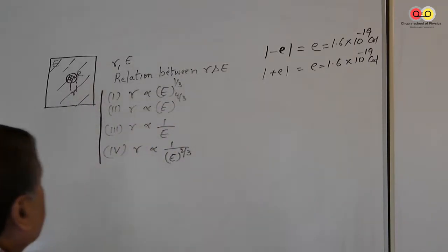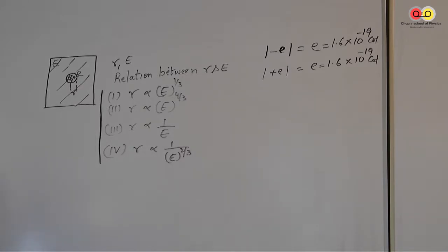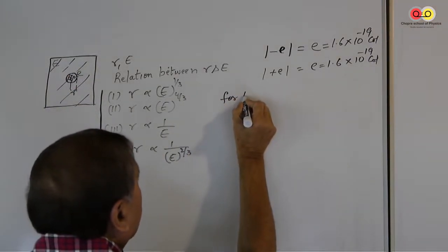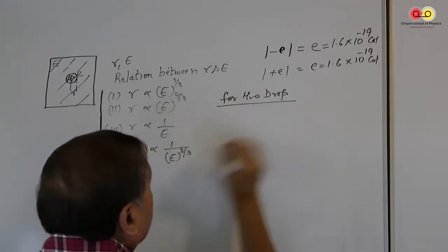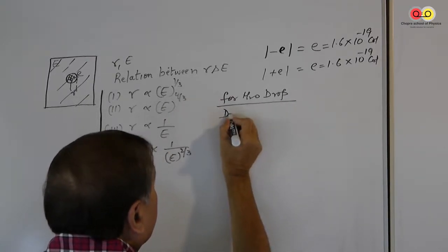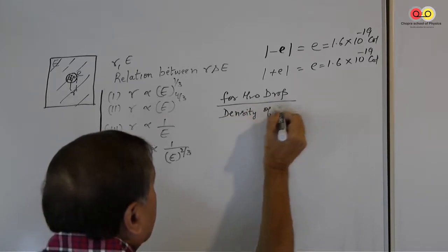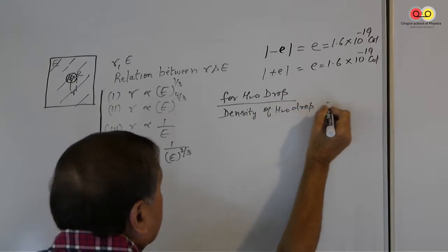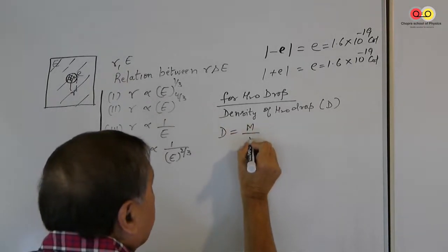Now, to start with this question, you will remember we are going to use the concept of balanced forces. It is a water drop, and for the water drop, the density is D, the density of the water drop, and D is equal to mass by volume.